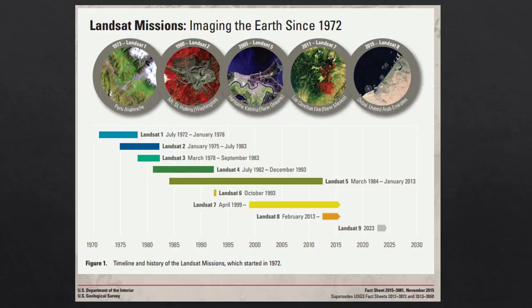The temporal resolution is 16 days, meaning that every 16 days a new image is acquired for a specific location. Because Landsat 7 and Landsat 8 are offset from each other by 180 degrees, there's the possibility of a Landsat image every 8 days for a specific location. Spectral resolution will be discussed later in this lesson.